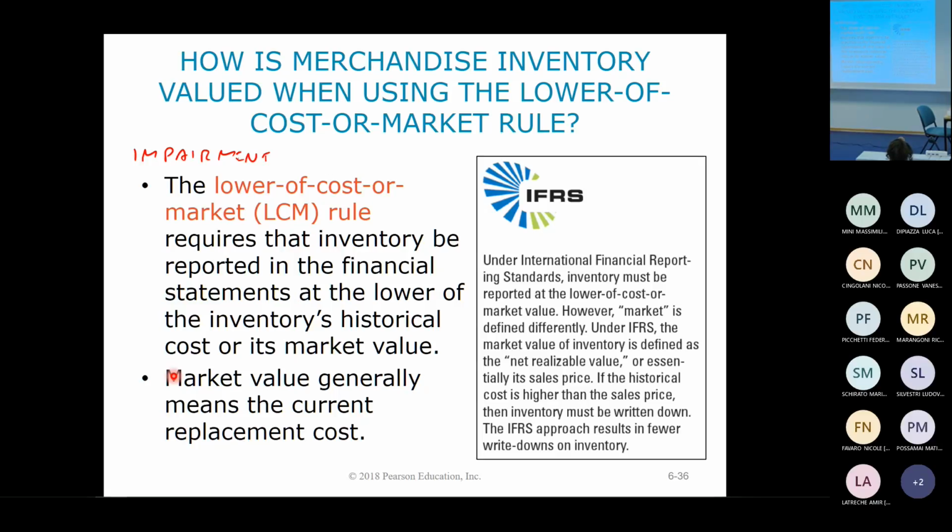So maybe you could have a situation where the lower value was the market value. In other cases, you might have products which are out of fashion, think about the clothing industry, or obsolete. Okay, so out of date productions or inventories, if you want to sell them, you're going to sell them at a loss. So you're going to decrease the value of the inventory.